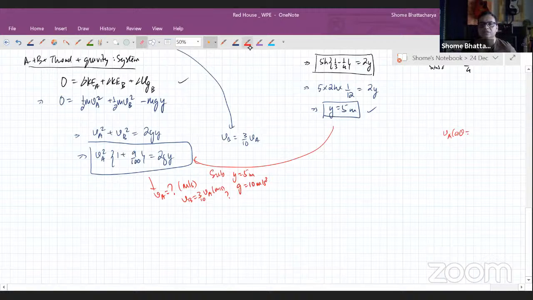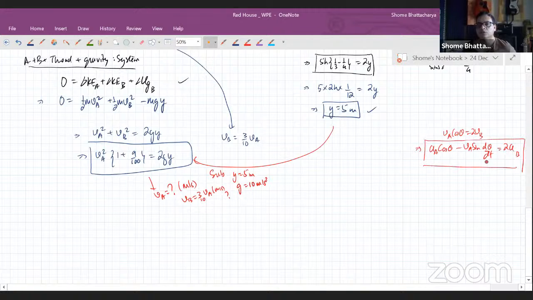Okay, so when you differentiate this relation for acceleration, it's actually a very problematic equation. When you differentiate this, you will get acceleration of A into cos theta minus VA sin theta into d theta by dt equals 2 times acceleration of B. This is the general constraint relation for acceleration. So for example, if you want to find this out now at this instant, VA you will get by work energy, like we have calculated.